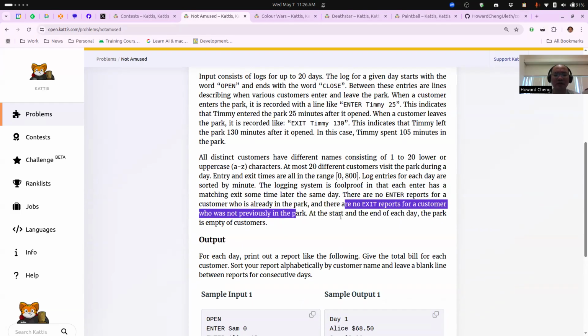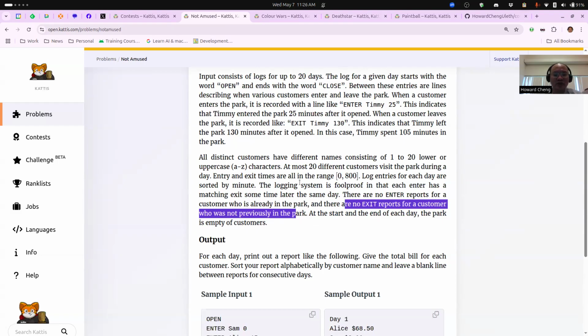At the start and end of each day, the park is empty of customers. One thing that they did not say is that a person can enter, leave, and enter again. And because they did not rule that out, you have to take that into account in your program.